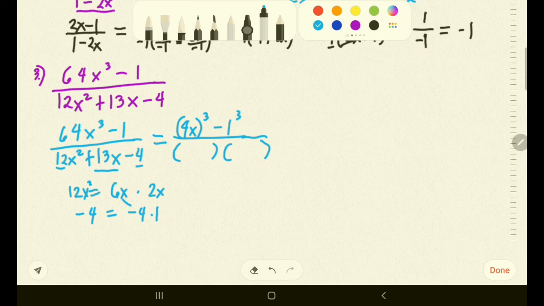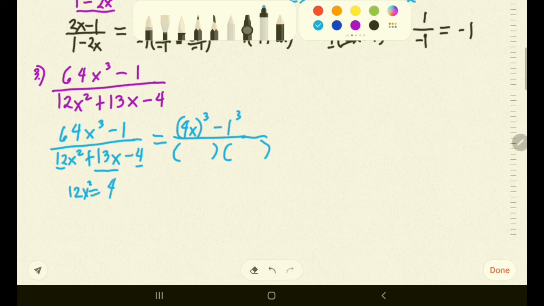That's very far. Your goal is 13x. How about 6 times 1, that is 6x, then negative 4 times 2x is still negative 8x. It's very far. Okay, let's try another combination.